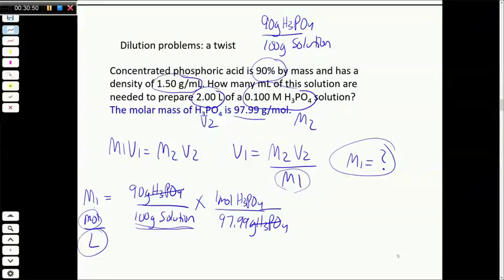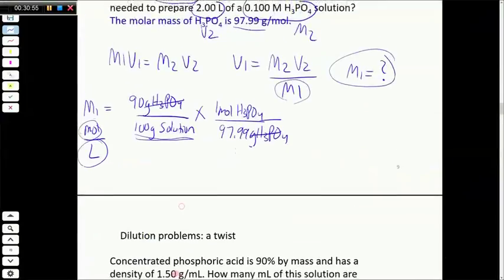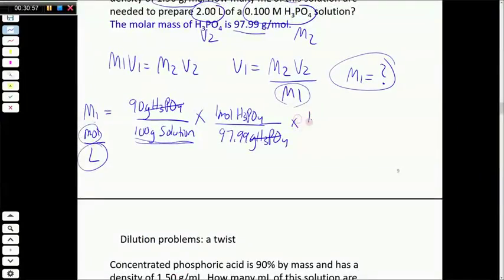So we're going to use density to convert grams of solution into a volume. So 1.5 grams per milliliter. We want grams to cancel, so if we multiply by that density, 1.50 grams in 1 milliliter, so 1.5 grams of solution is a volume of 1 milliliter. So grams of solution cancels out. So now we have moles per milliliter.